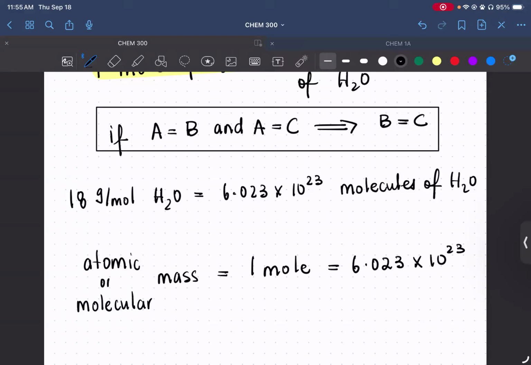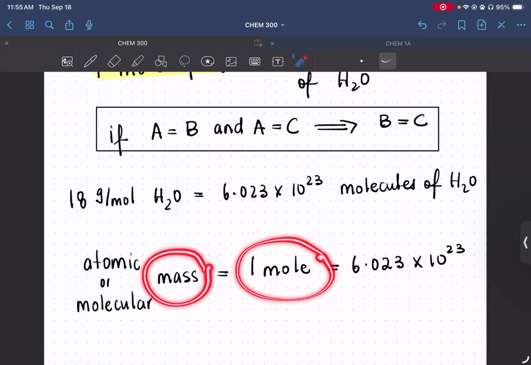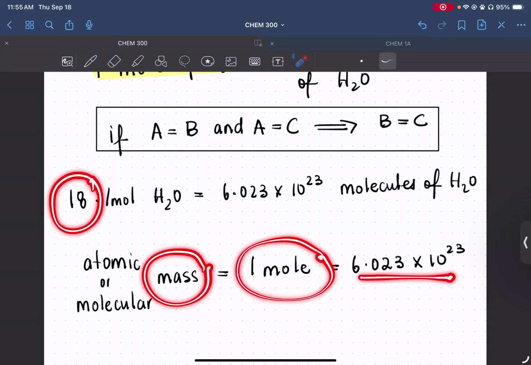This relationship is incredibly fundamental to understanding chemistry, because not only does it give us a convenient way to describe these things, a mole, but we're also able to relate mass to the number of molecules or atoms. In other words, within 18 grams of water, there is 6.023 times 10 to the 23 molecules.